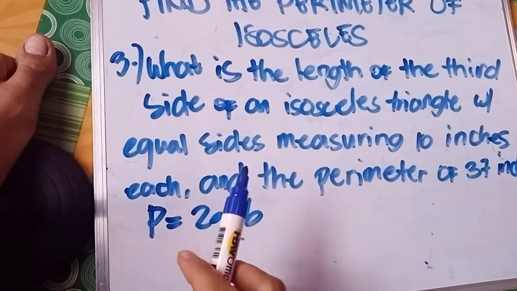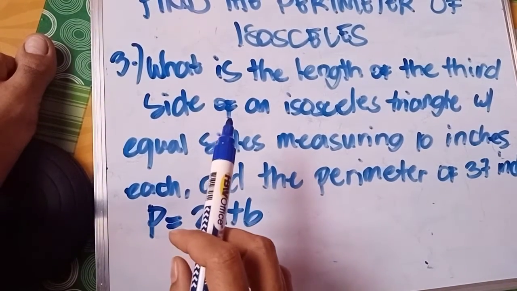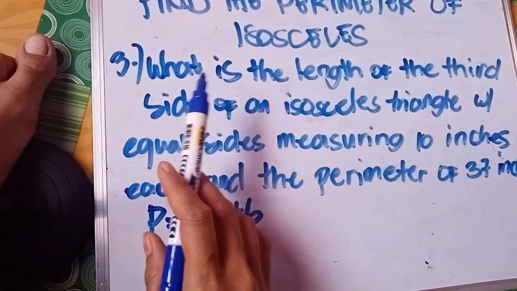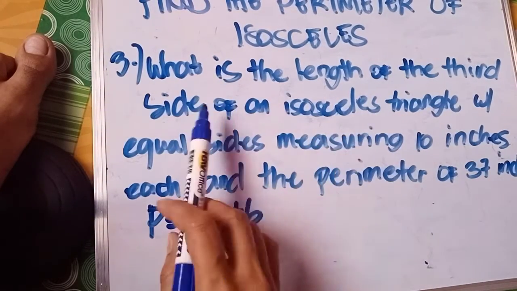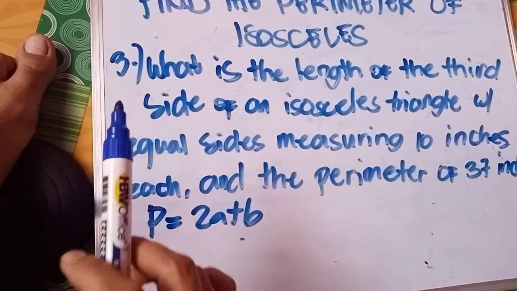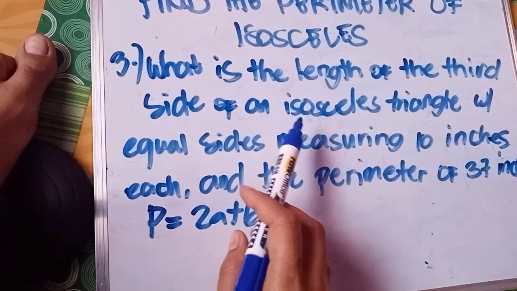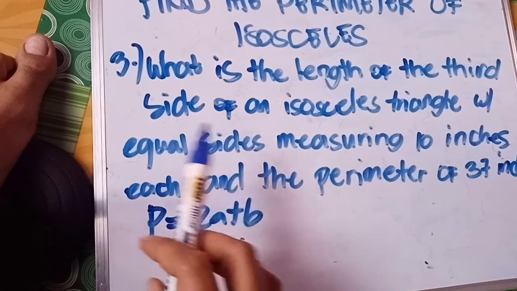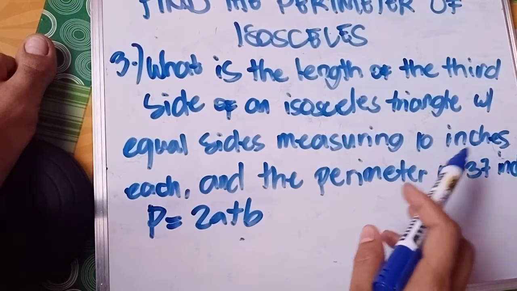In our next example: what is the length of the third side of an isosceles triangle with equal sides measuring 10 inches each and a perimeter of 37 inches?